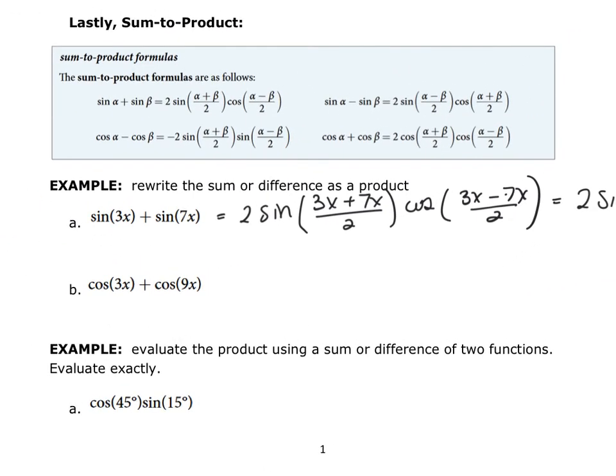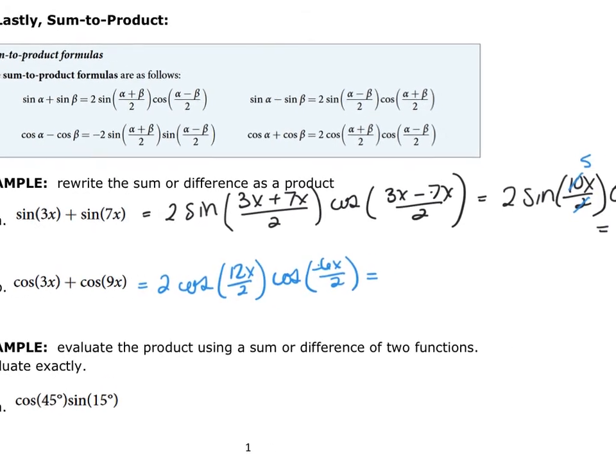I have a cosine, so just using this formula where I'm doing addition between them, this will simply be 2, the cosine, I'm going to add them, so I'm going to have 3 plus 9, which is 12x divided by 2, and the cosine of 3x minus 9, so minus 6x divided by 2.